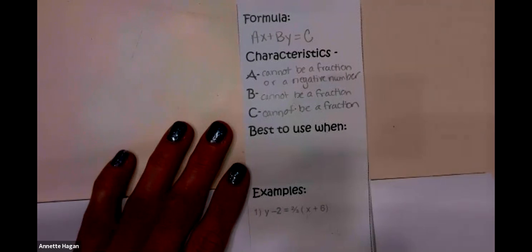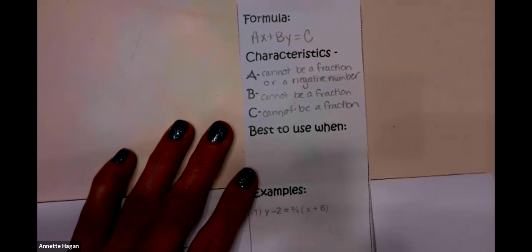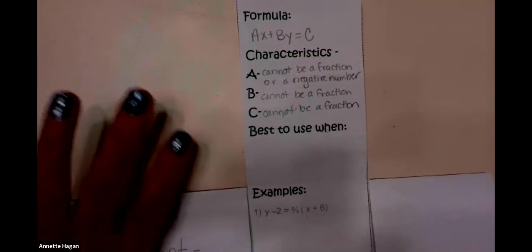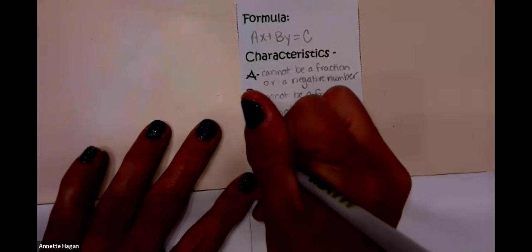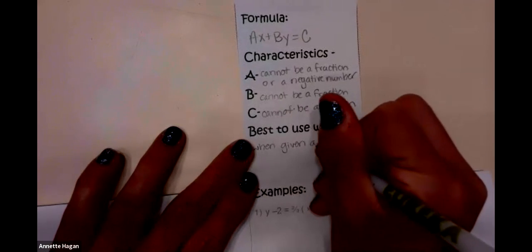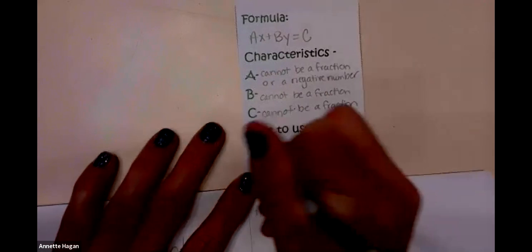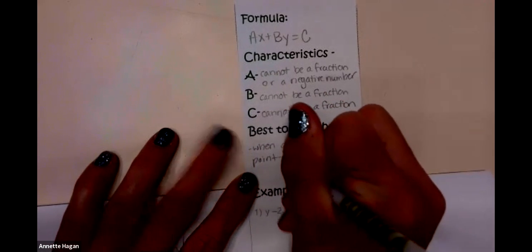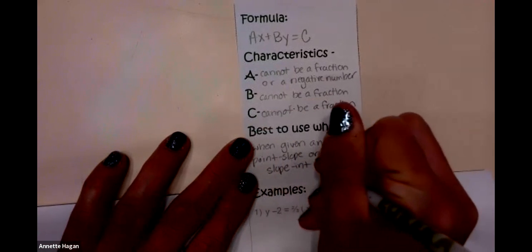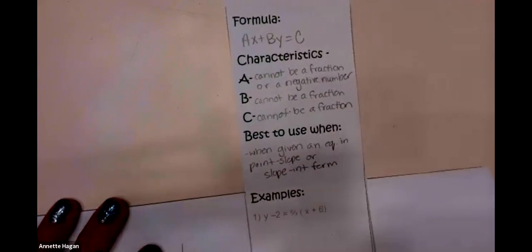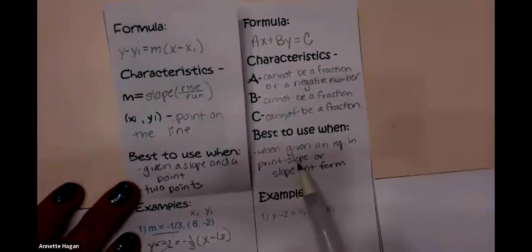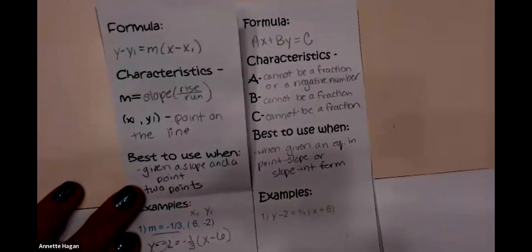Okay, so when is it best to use standard form? It's easiest to switch to standard form when you're given an equation already in slope intercept or point slope form. Otherwise, if I gave you 2 points, it's a lot easier to go right into point slope form.